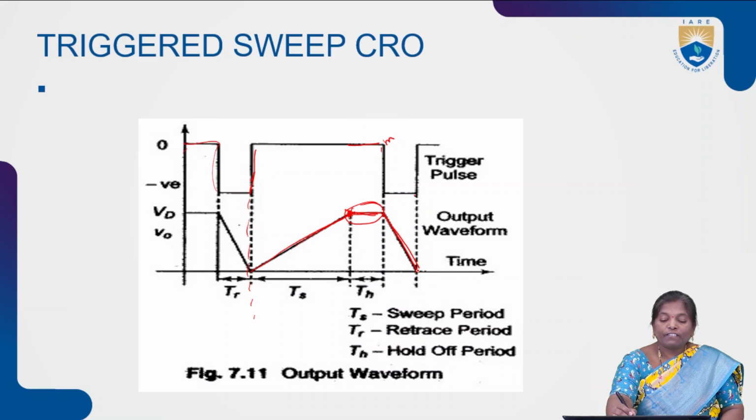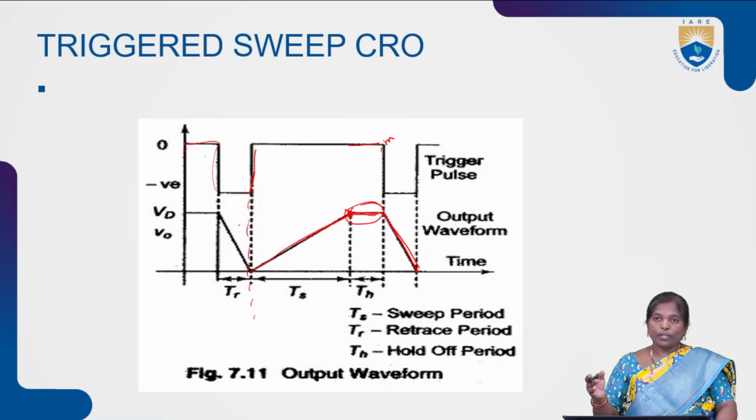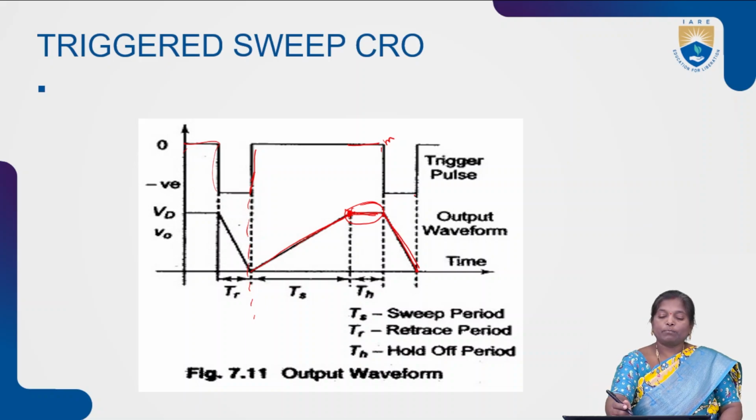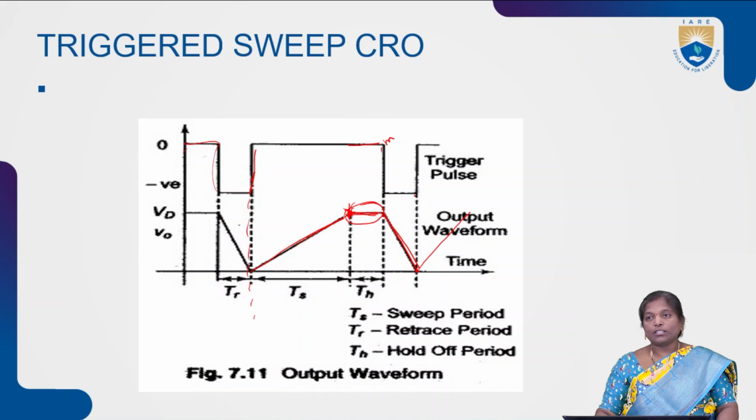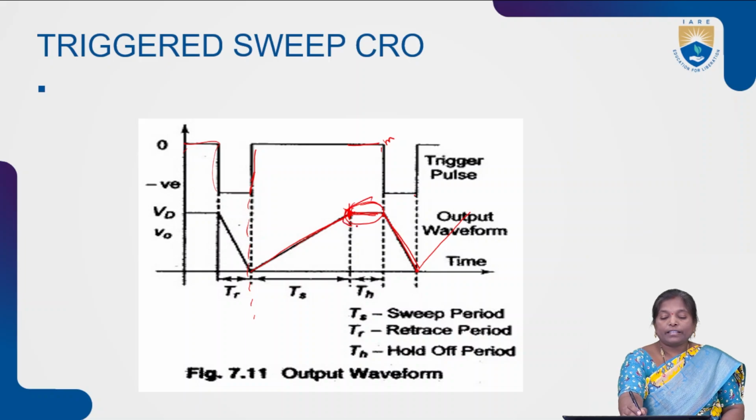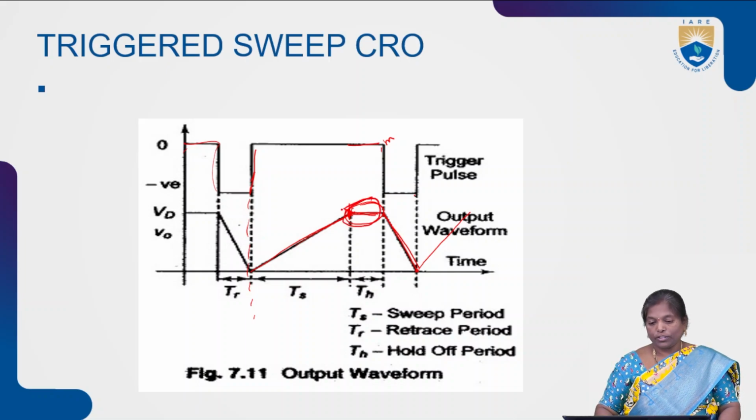Again, whenever the capacitor reaches a minimum value, the UJT is turned into the off state, and at the same time we apply the triggering pulse. According to the triggering pulse, the capacitor starts charging through the supply voltage and reaches the maximum value, till it reaches the cut-in voltage of the diode. Whenever it reaches the cut-in voltage, it maintains a constant output amplitude.